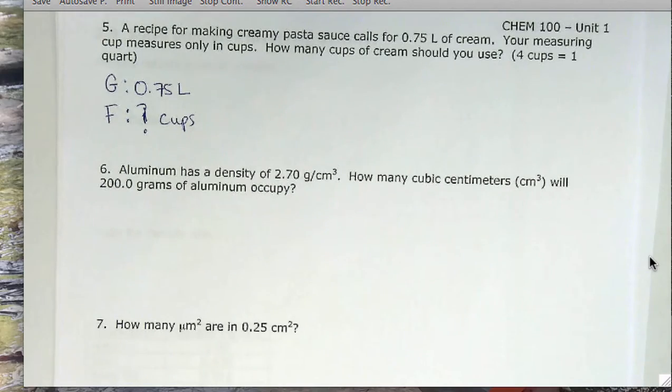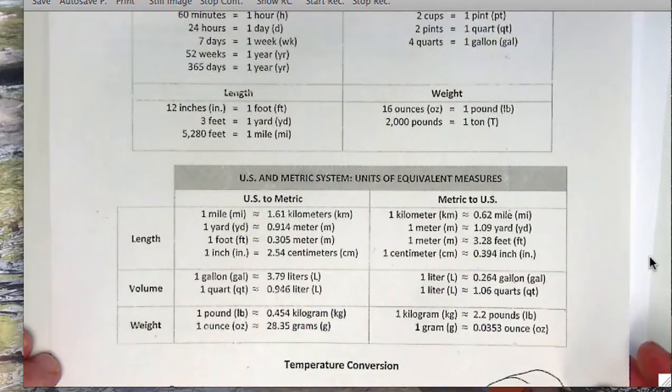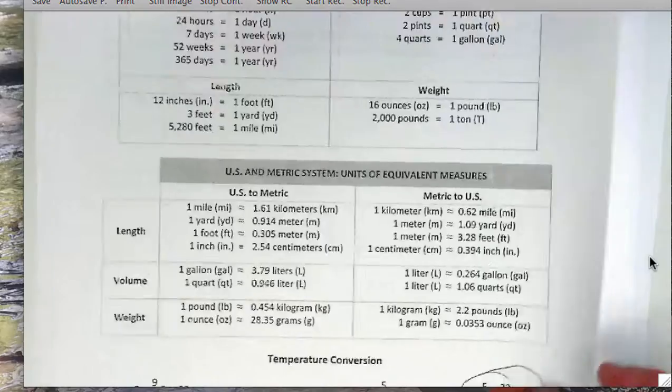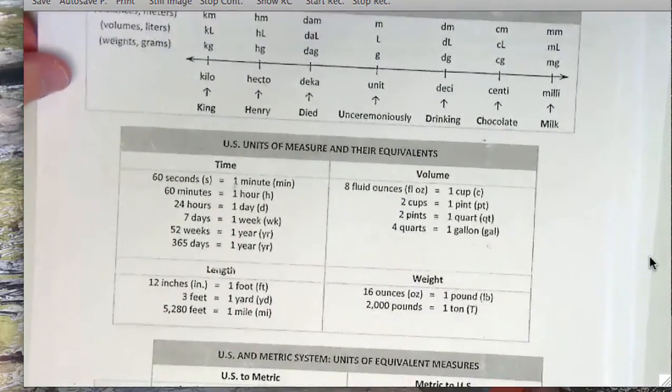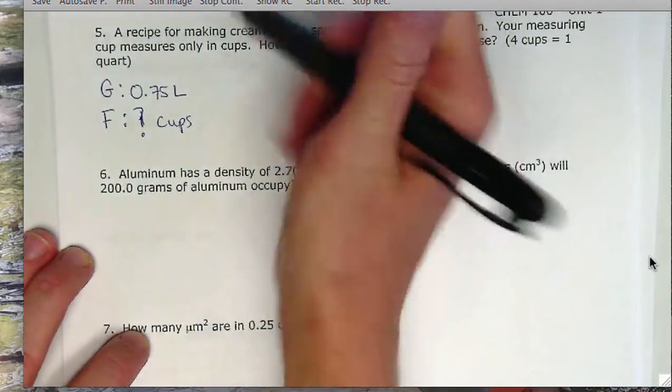Did a lot of people use the conversion factors that were given on this paper? Or you could have used the ones that I had in the note pocket too. If you use the ones on the fundamentals of math conversion equivalence sheet, you start off in liters.